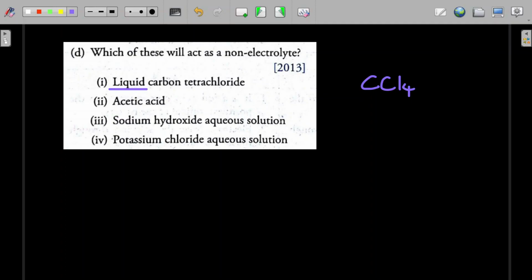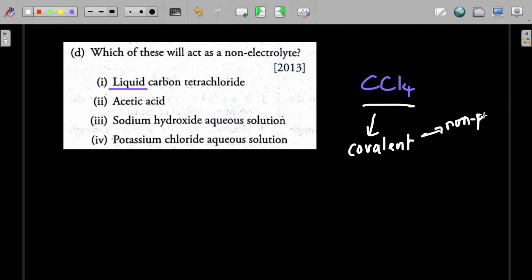What is the type of bond in it? Covalent. In that too, whether it is polar or non-polar. Non-polar because it has a symmetric structure, right?